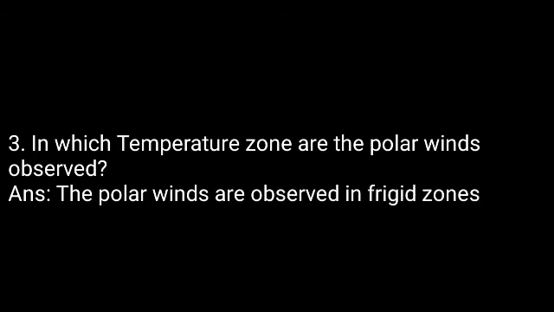Answer, the polar winds are associated with the polar high pressure belt. Third question, in which temperature zone are the polar winds observed? Answer, the polar winds are observed in frigid zone.